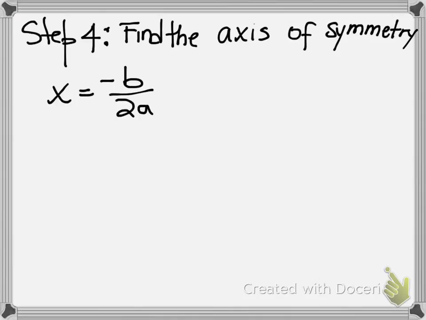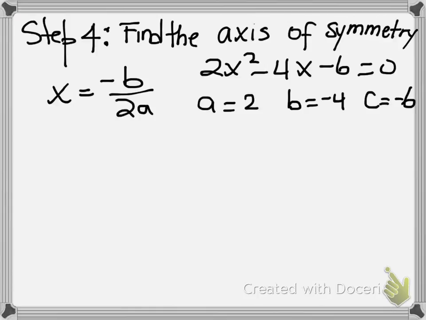Of course, since we're dealing with negative b over 2a here, we need to find the a, the b, and the c of the function given. So we write it here. We notice a equals 2, b equals negative 4, c equals negative 6. So we're going to plug the b and the a into this particular formula.